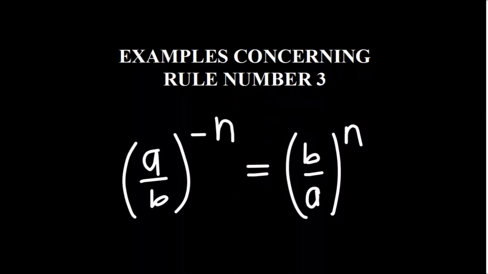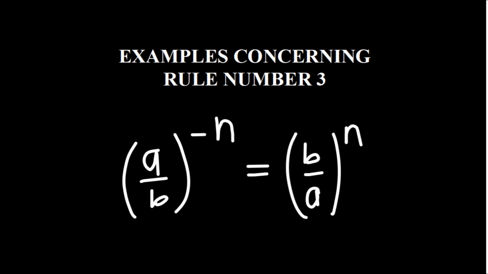Okay, so now let's have a look at rule number 3. Rule number 3 works the same way as rule number 1. If you have a fraction that's raised to a negative exponent, you can simply interchange the numerator and the denominator.